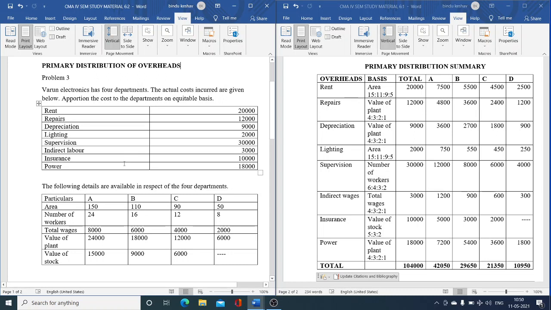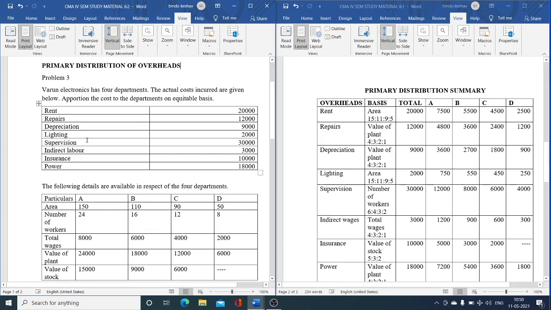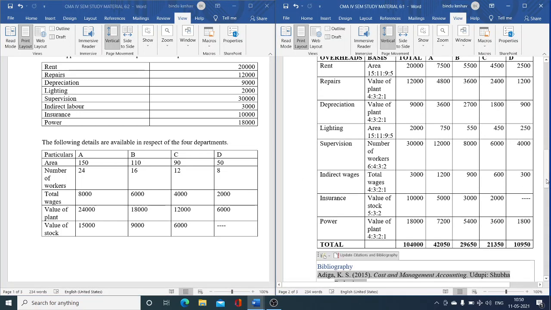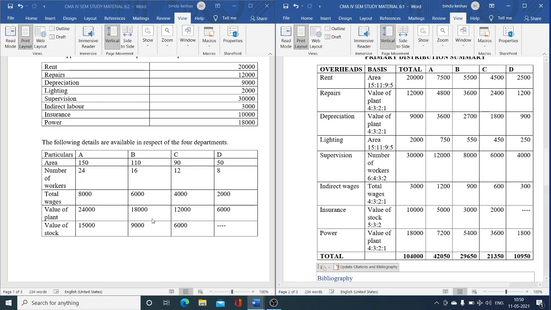4,000. The next item is indirect labor or indirect wages, that is rupees 3,000. Based on the additional information given, indirect labor can be distributed among the different departments on the basis of the total wages. The total wages here are 8,000, 6,000, 4,000 and 2,000.